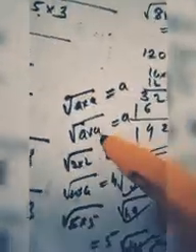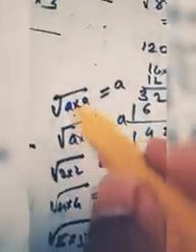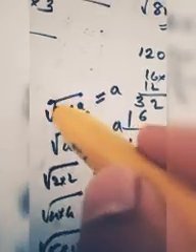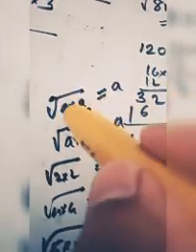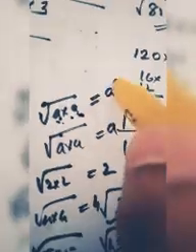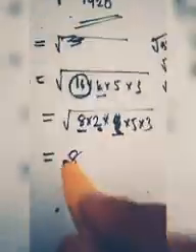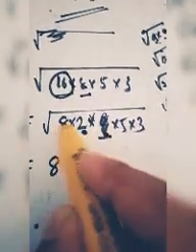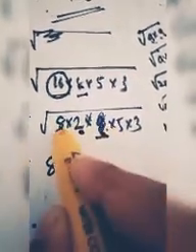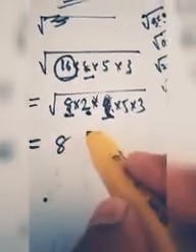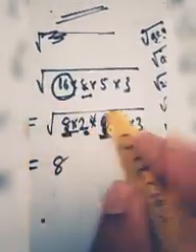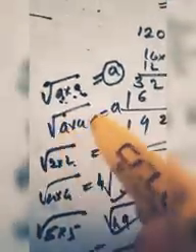Why? Because I explained, square root of two same numbers: if you want to calculate the square root of the product of two same numbers, the answer will be that number. Like square root of 2 into 2 is 2. Just like that, square root of 8 into 8, two same numbers, isn't it? So just write 8. We are supposed to apply square root to these numbers, so we know that square root of a into a is a.